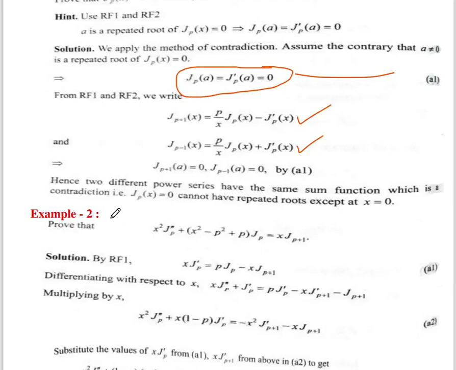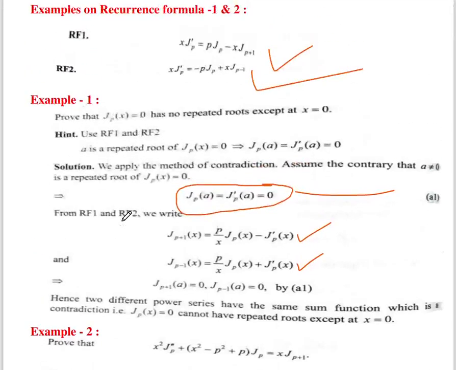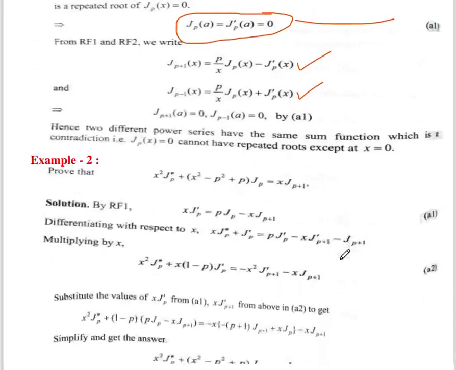Hence the two different power series have the same sum function, which is a contradiction to our assumption, that is, Jp of x equals 0 cannot have repeated roots except at x equals 0. Hence we can show that Jp of x equals 0 has no repeated root except at x equals 0. So this is the proof of example number 1.